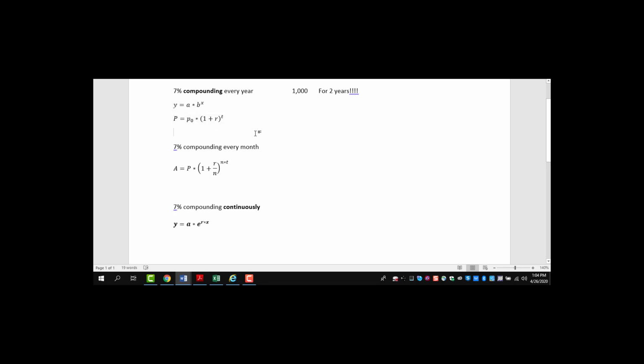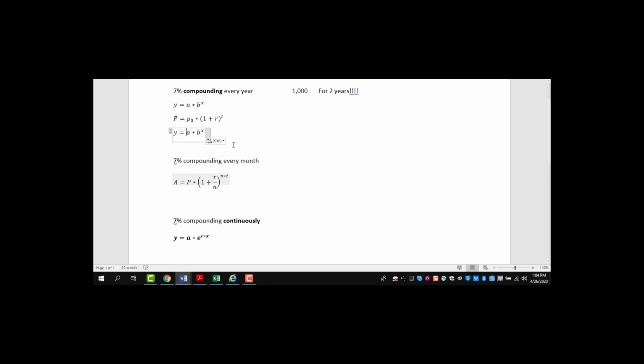So let's put in our values, all right? Let's use this one. Copy it down here and put in our actual values. So my output equals my initial value times my rate. Hopefully you know 7% increase, 1 plus, 1.07.